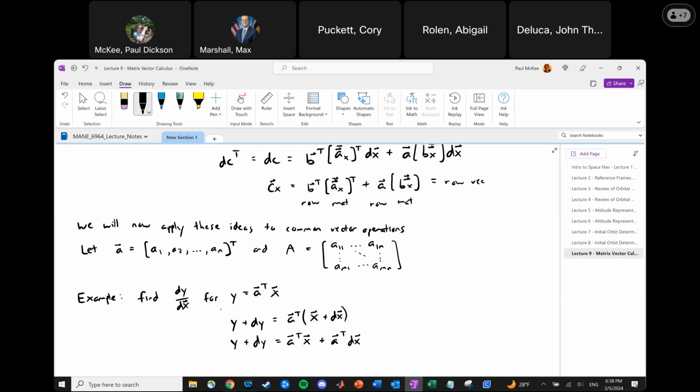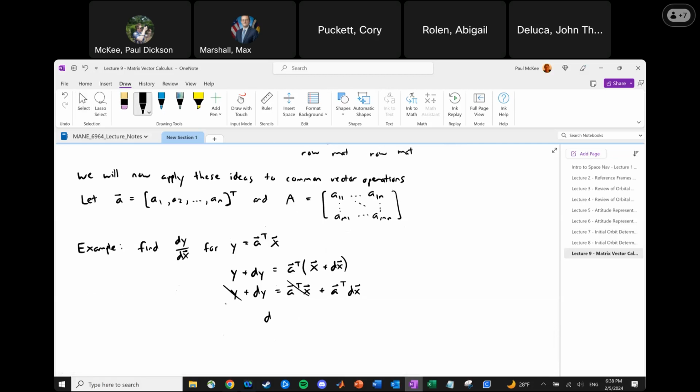But y is equal to a transpose x, so we can cancel. This leaves us with dy is equal to a transpose dx, or we can say that the derivative of y with respect to x, which is basically dy/dx, in quotes, is just a transpose.